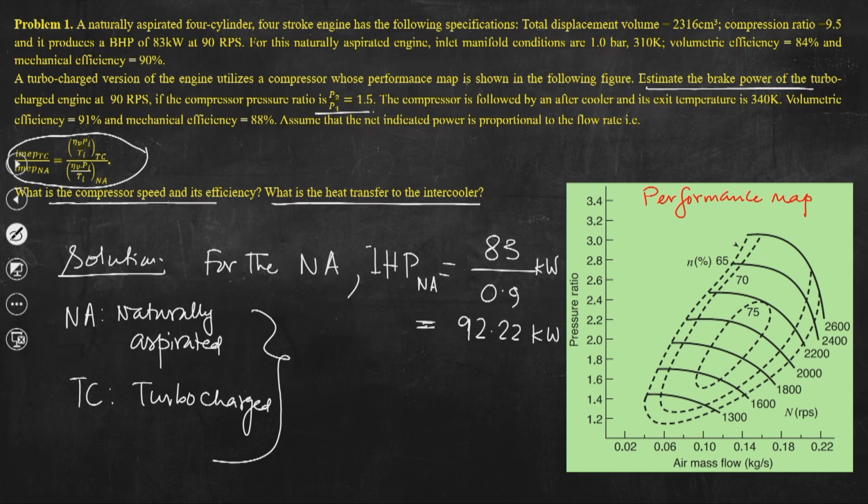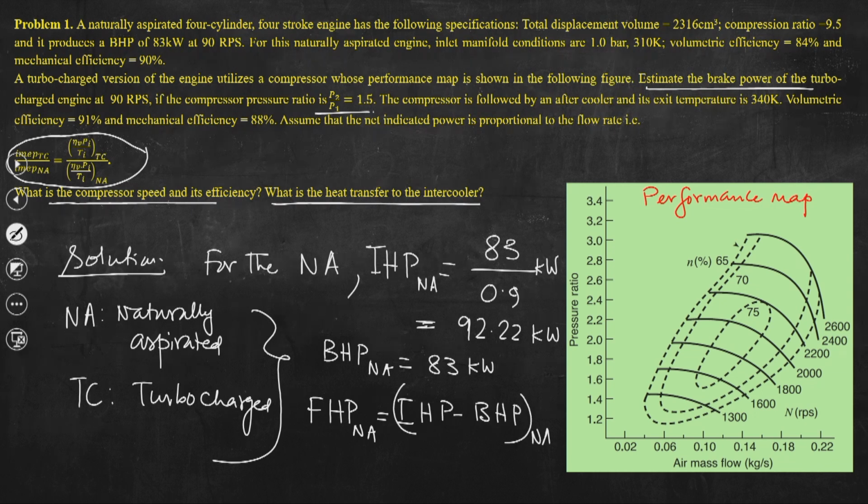So, that is the indicated horsepower for the naturally aspirated engine. Okay. So, from here we know BHP of the naturally aspirated engine equals 83 kilowatt. We have calculated IHP, from there we can easily calculate FHP of the naturally aspirated engine, equal to IHP minus BHP for the naturally aspirated engine, and it is coming as 9.22 kilowatt.